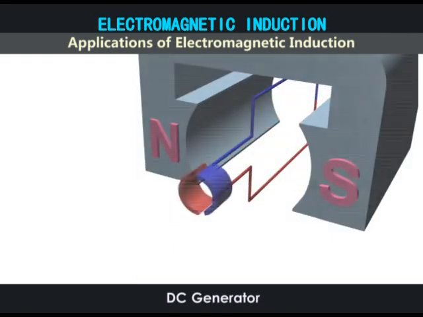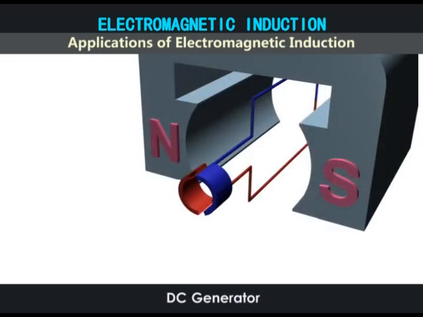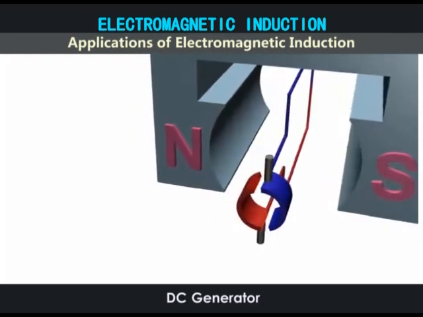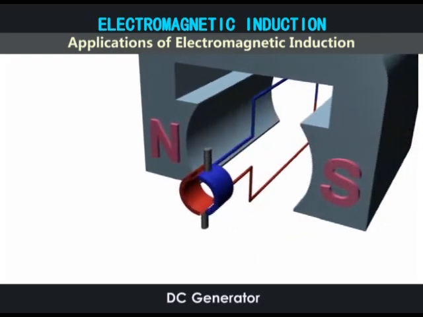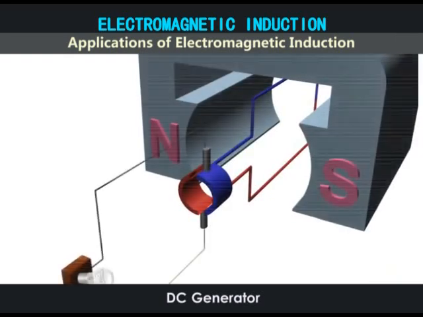A split ring commutator is attached to the ends of the coil like this instead of slip rings. Two graphite rods called brushes are in contact with the split ring commutator. The brushes are fixed and are connected to an external circuit.